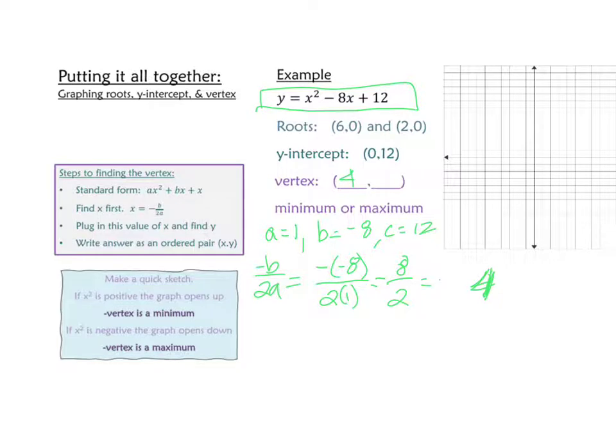Now, we have the vertex x, which is 4. To find y, we're just going to plug it into this right here. So we would be finding out what 4 squared, let me start from scratch here because we seem to be having some problems with the pen. 4, and we're going to square that 4.